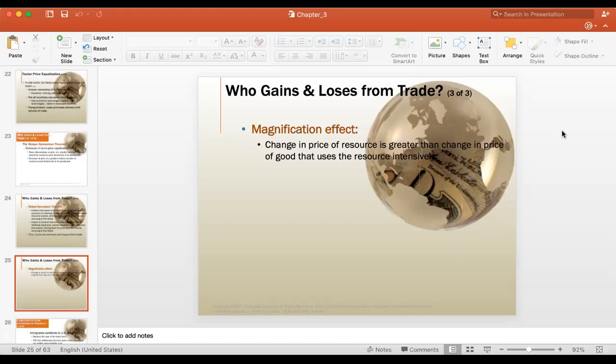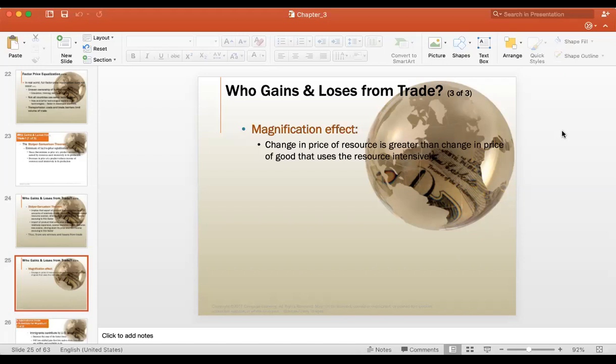So for that reason, I'm really not going to go deep into what the magnification effect is, but at least we need to know the conclusions that Stolper-Samuelson arrived at and what it means.